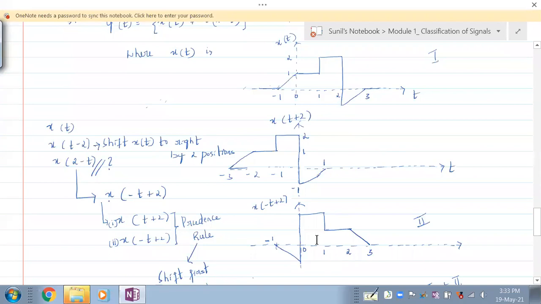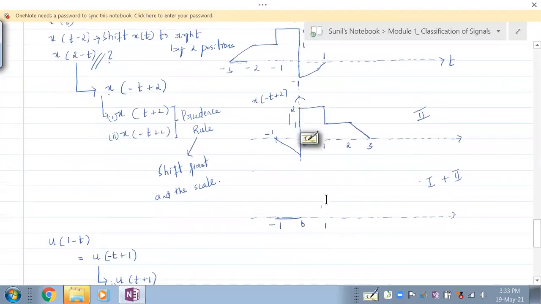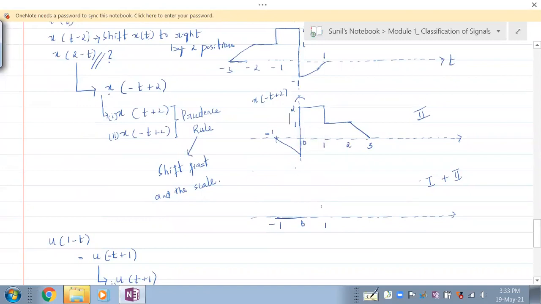So this signal and this signal. From 0 to 1, what's happening? See here. From 0 to 1, this signal is 1, and from 0 to 1, this signal is 2. So if you add these two signals, you will have 3 from 0 to 1.